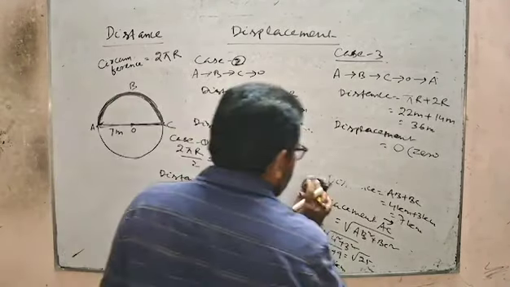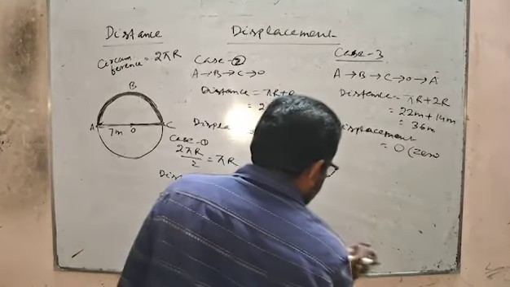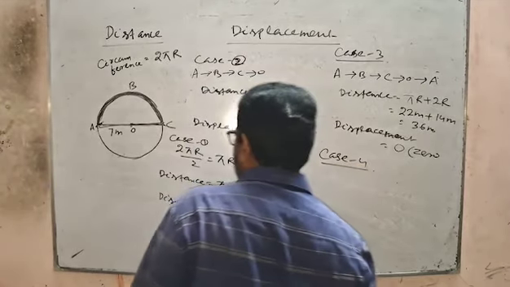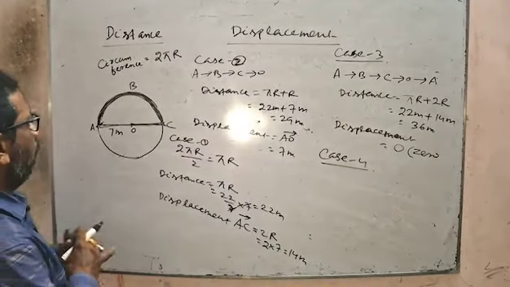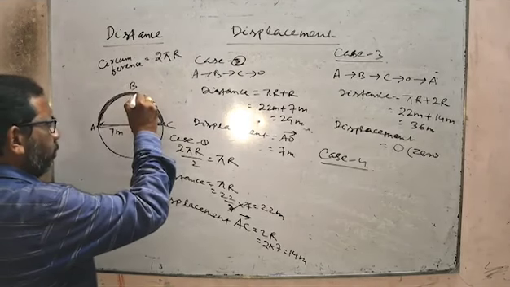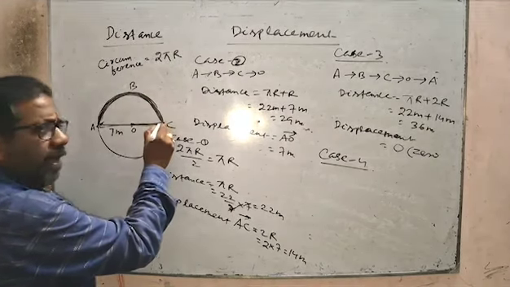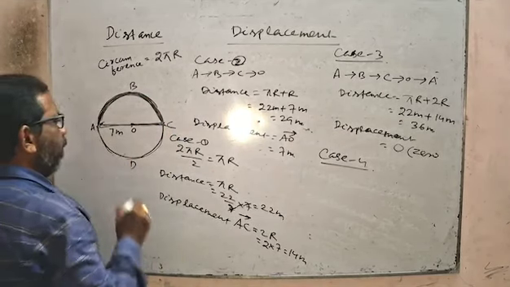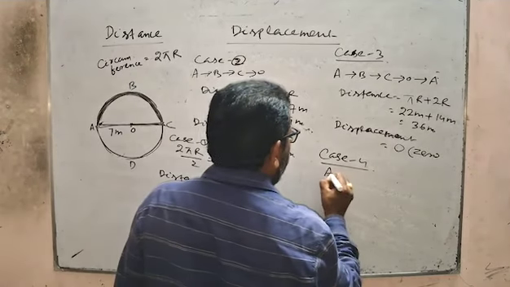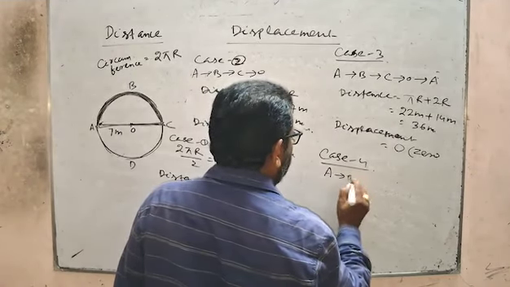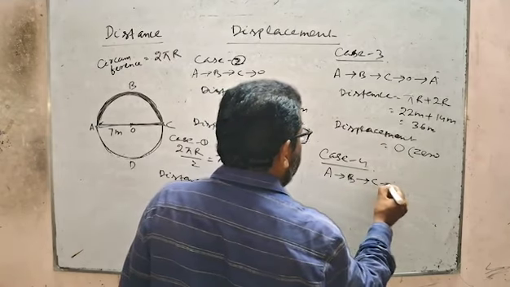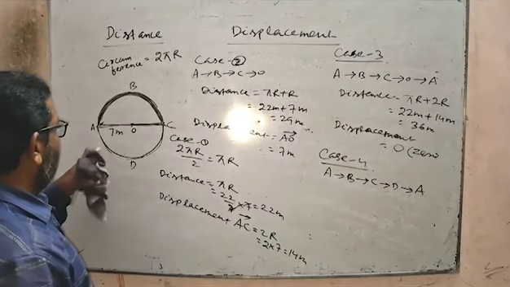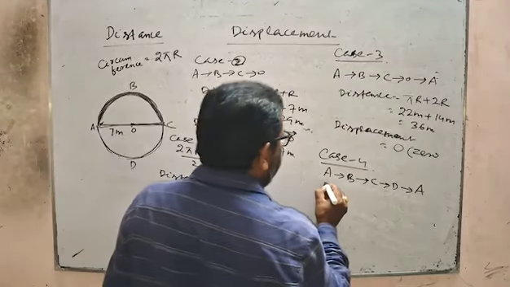Let case 4. A body starts from A, reaches at B, then it comes to C, through D, it again comes to A. A to B, B to C, C to D, and D to A. Then the total path covered, that is distance.